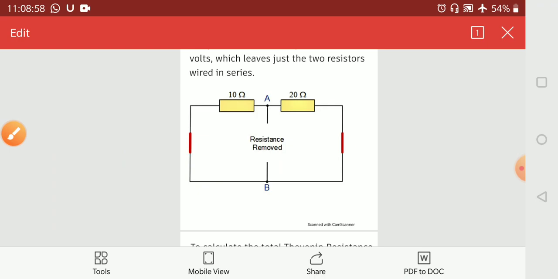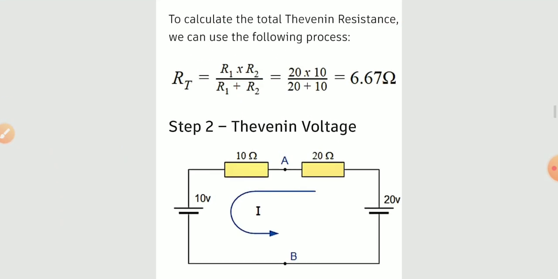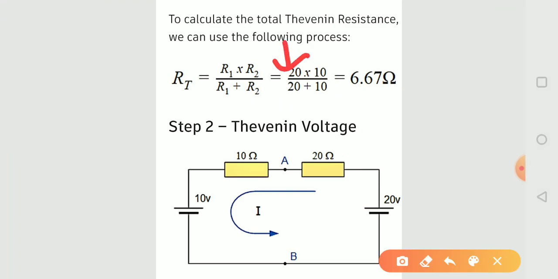If we calculate, the value of resistance is 6.67 ohm, because R1 is 20 ohm and R2 is 10 ohm, and R1 plus R2 is 20 plus 10, equal to 30 ohm. So the value of Thevenin's resistance is 6.67 ohm.